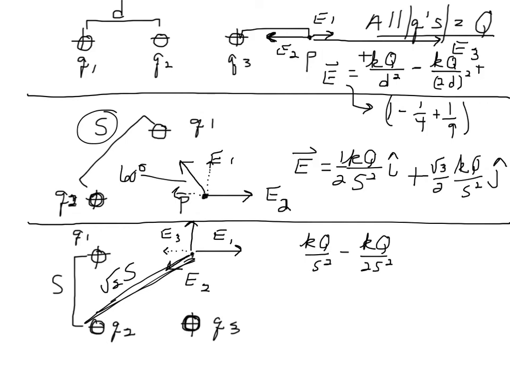Cosine of 45 is root 2 over 2, and that's the I hat component. I'm going to combine that, so it's 1 minus root 2 over 4, all times KQ over S squared in the I hat direction.